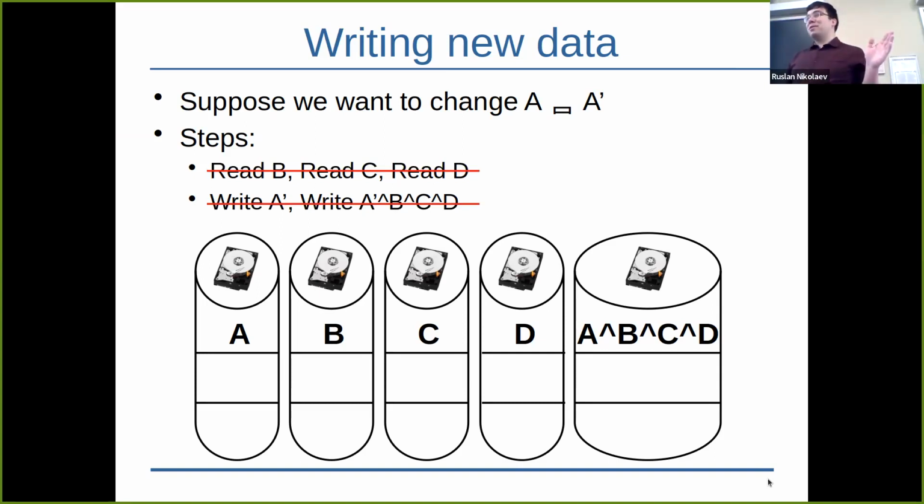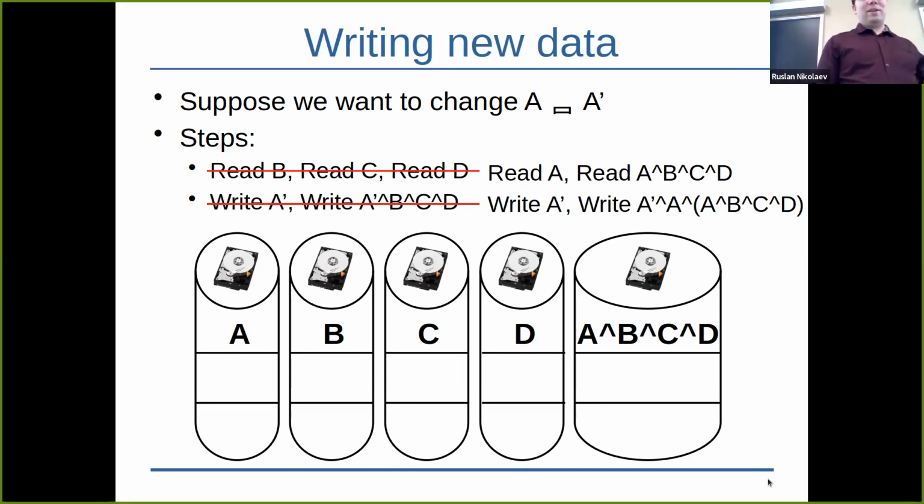Instead, what we can do is read A and read the parity, right? So the current parity, A XOR B XOR C XOR D. Now because we have A, we can cancel out this A in the parity, right? So we can XOR with A and add this XOR A prime, right? So it's going to be A prime XOR A XOR the parity.